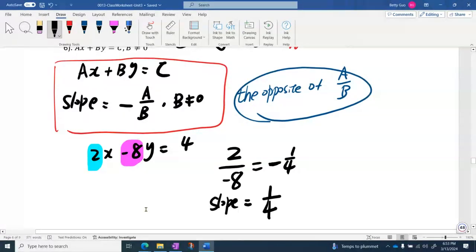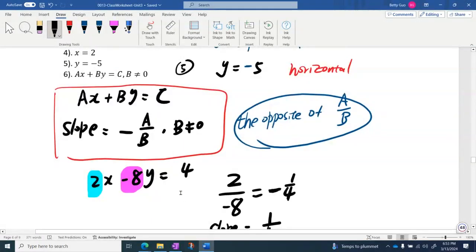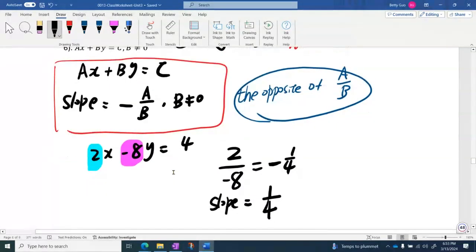By the way, you don't have to. I'm not trying to force you to use this method. If you don't like it, you can just rewrite the equation in slope-intercept form and identify the slope. Either way would be good. For me this is very convenient.